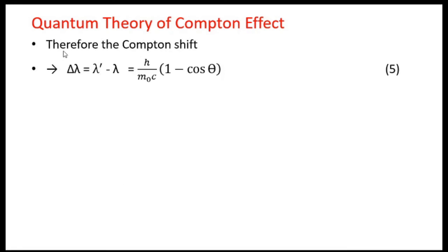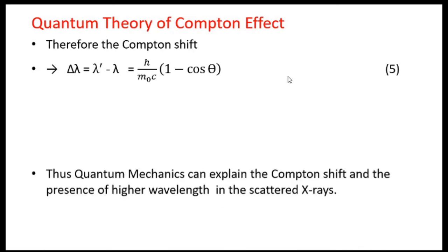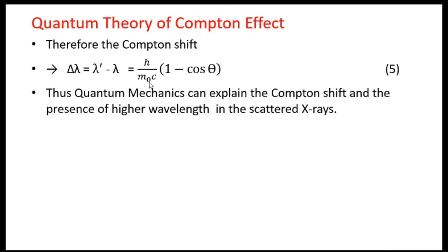You can write the Compton shift delta lambda is equal to lambda dash minus lambda, which is equal to h upon m0 into c, into 1 minus cos of theta. From equation 5, we observe that theta is the angle of scattering of the photon, and the Compton shift delta lambda depends only on the scattering angle.